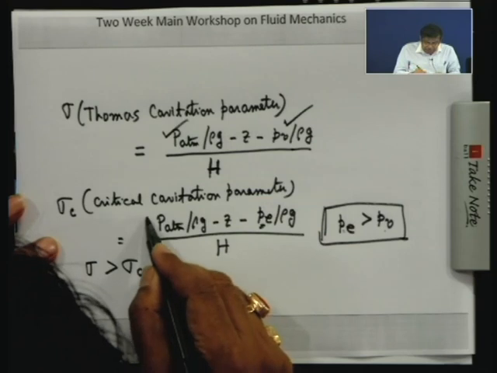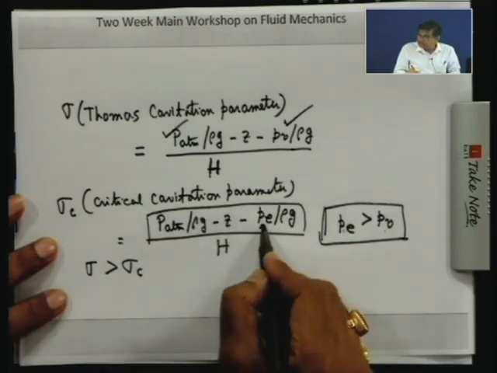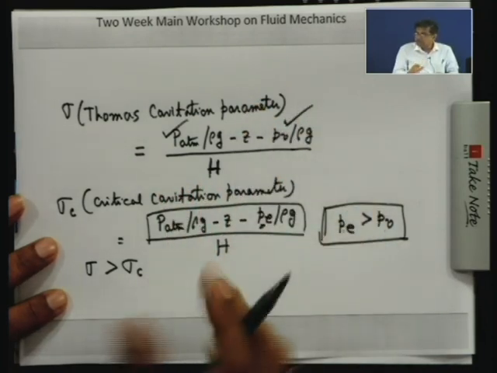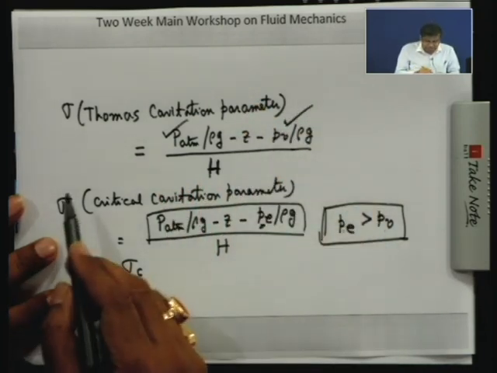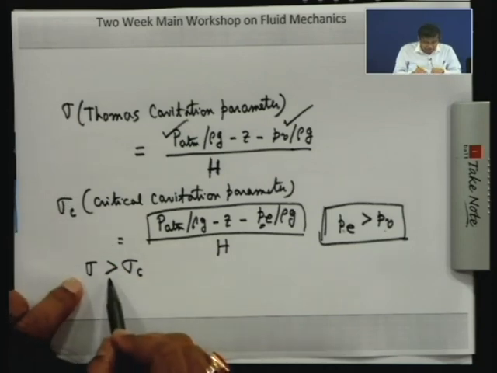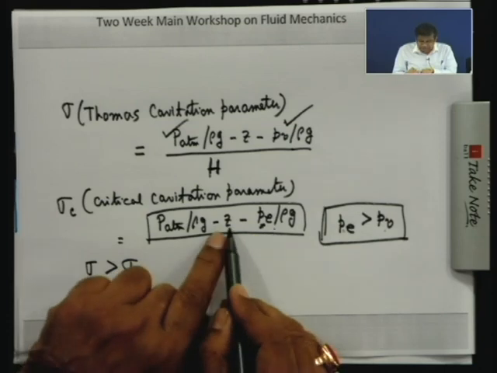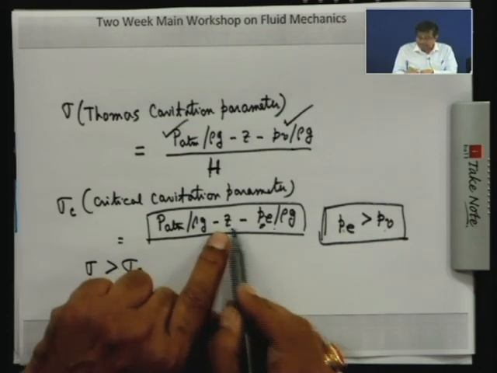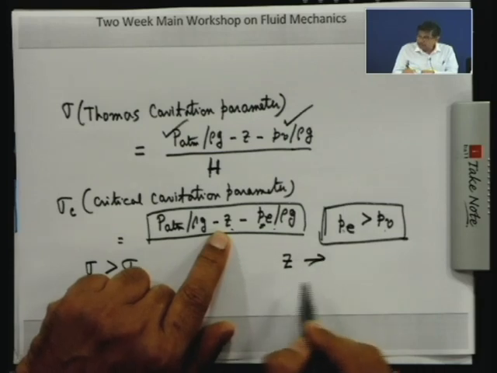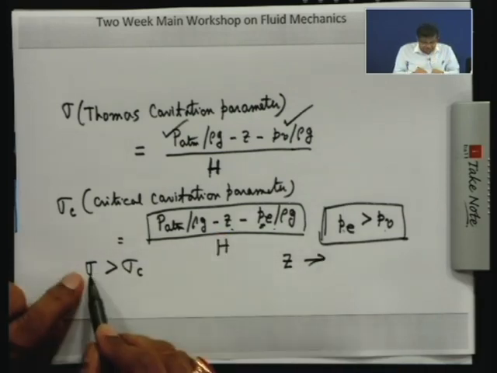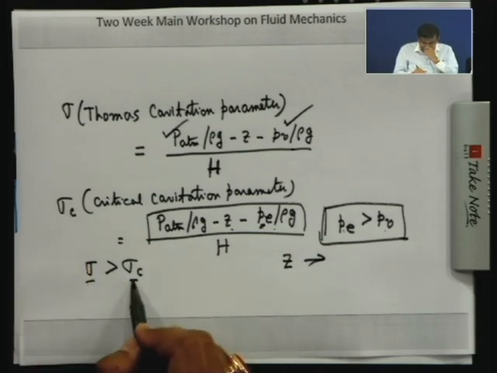If we know from our design what the exit pressure should be, depending upon the design of the turbine runner, then we must check that sigma is greater than sigma c, and accordingly we can set the turbine at that height. Installing the turbine at a particular height depends on checking sigma and sigma c, and sigma should always be greater than sigma c.